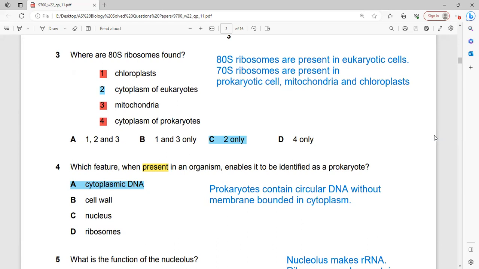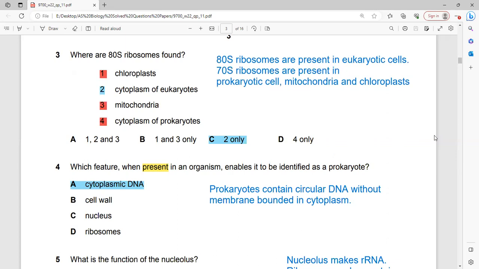Where are 80 Svedberg ribosomes present? The Svedberg is a unit of centrifugation. After centrifugation, how long a particle takes to settle in its position depends on its density and size. There are two types of ribosome.